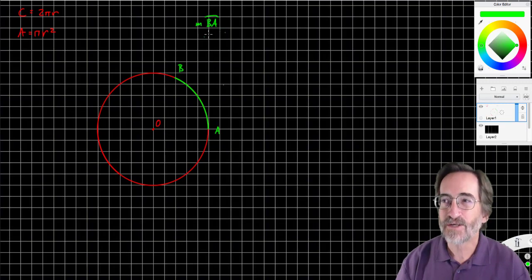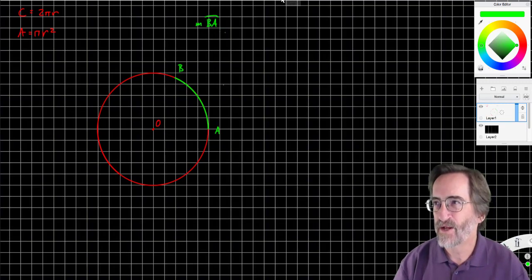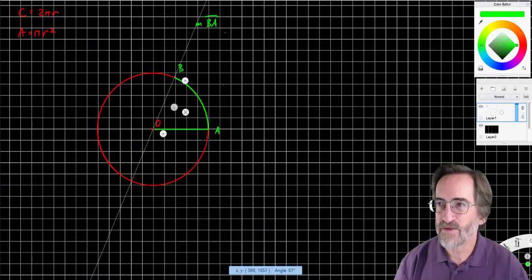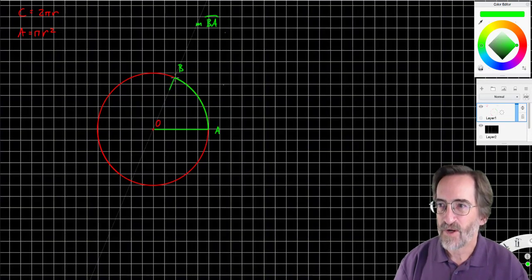We indicate actually the measure of arc VA by its central angle. So here we go. Let's draw the radius. I'm getting arc length and the measure of an arc mixed up. Arc length is a distance, but the measure of an arc is its central angle.